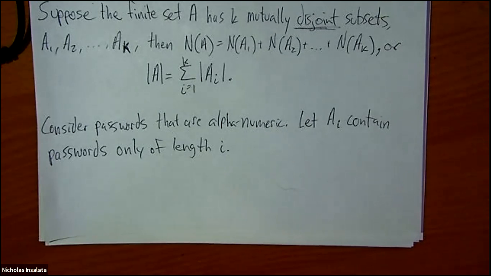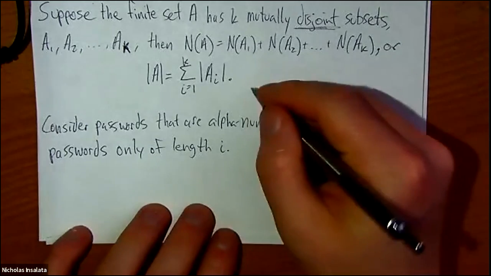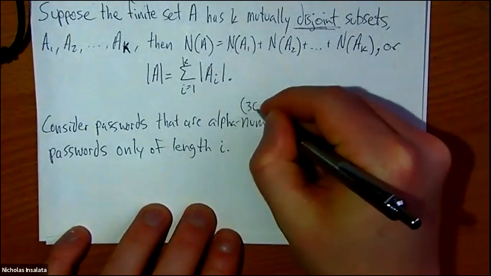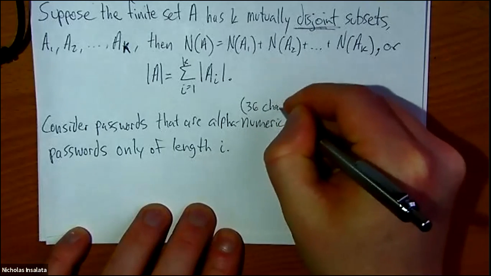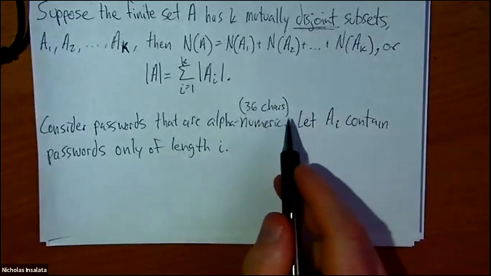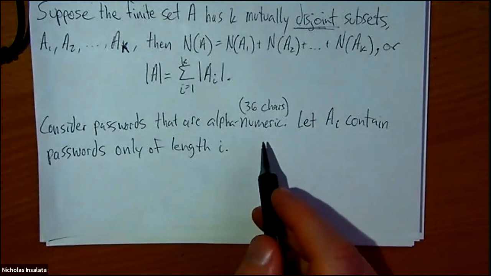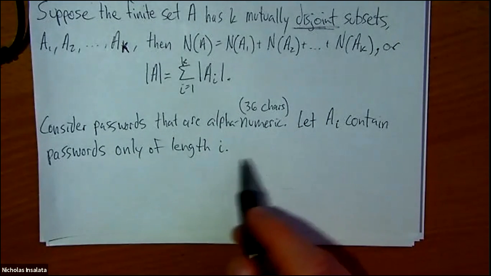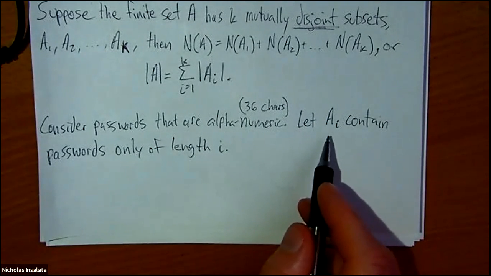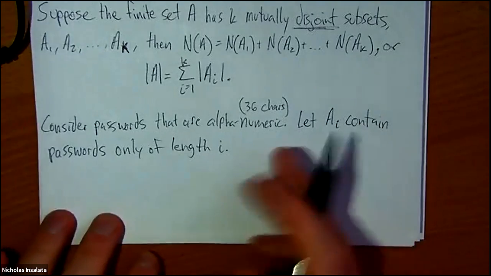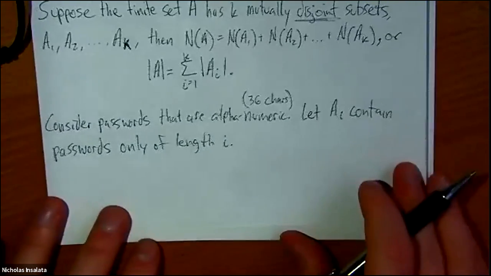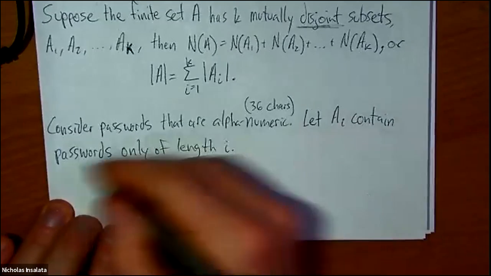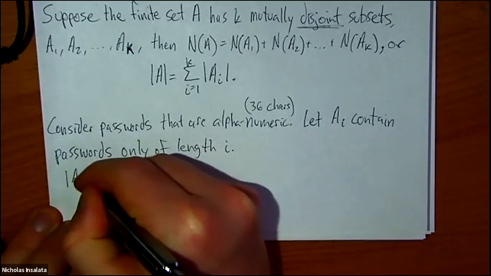These are alphanumeric, so there are going to be 36 different characters, 26 letters and 10 digits. So how many different passwords can we make for A sub 1? In other words, what's the size of A sub 1?